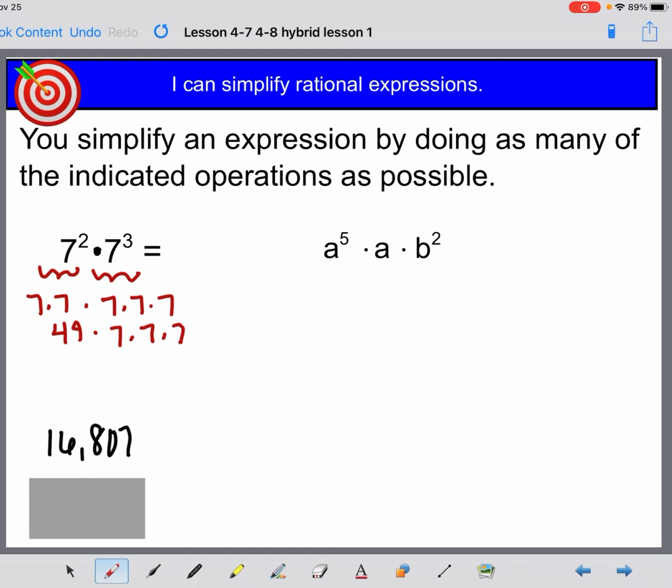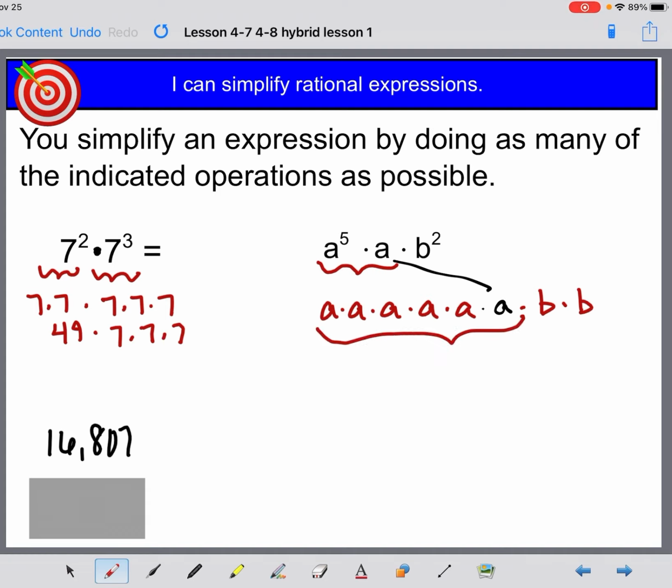The next one, we can do the same thing with variables, but remember you can only combine variables that have the same base. A to the fifth is A times A times A times A times A. Then A times one more A. Then times B times B. I can rewrite all of these A's: instead of A to the fifth times A, I can rewrite that as A to the sixth times B squared.